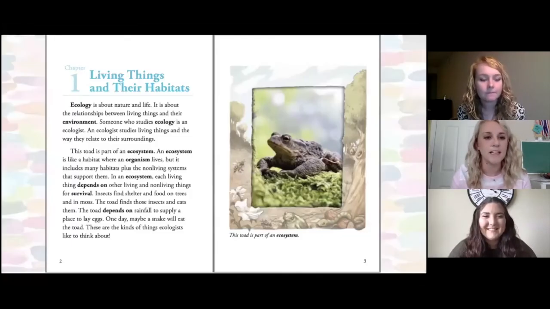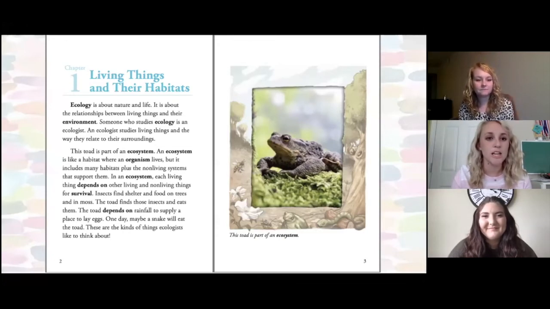Chapter 1, Living Things and Their Habitats. Ecology is about nature and life. It is about the relationships between living things and their environment. Someone who studies ecology is an ecologist. An ecologist studies living things in the way they relate to their surroundings.